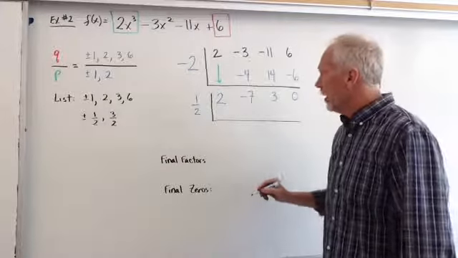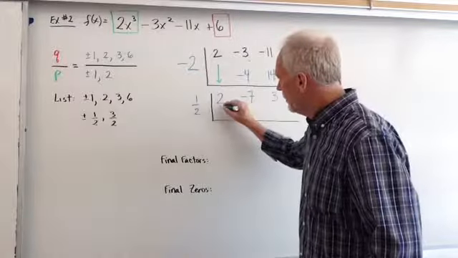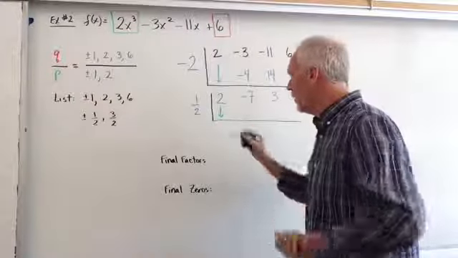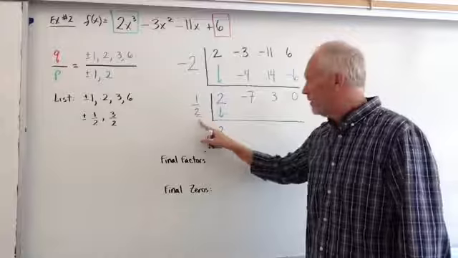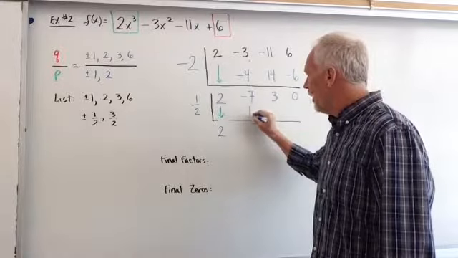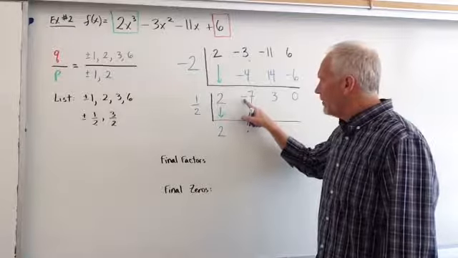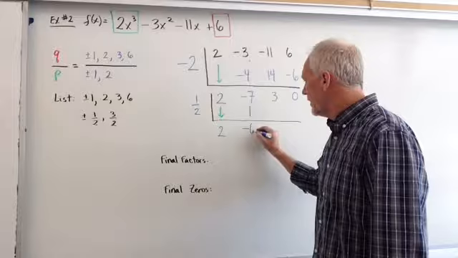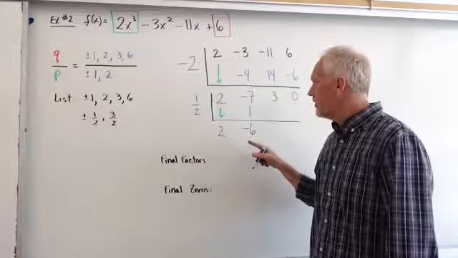So what I'll do, again, is I bring down the 2. And so we get 2 here. I take 1/2 times 2 is +1. Now, -7 plus 1 is -6. I take 1/2 times -6.